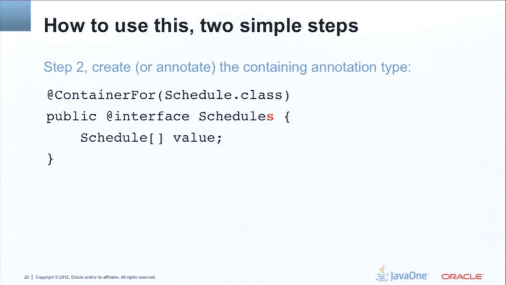So in this case, it needs to have the array-valued Schedule value. There are also rules, for example, if your Schedule is documented, the container needs to be documented, and there are targeting rules. But this is the basics.